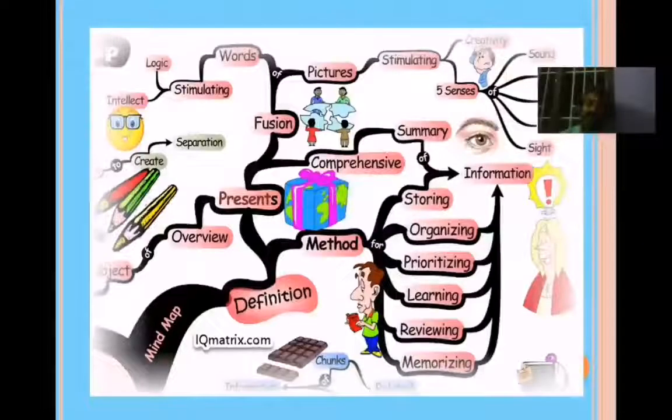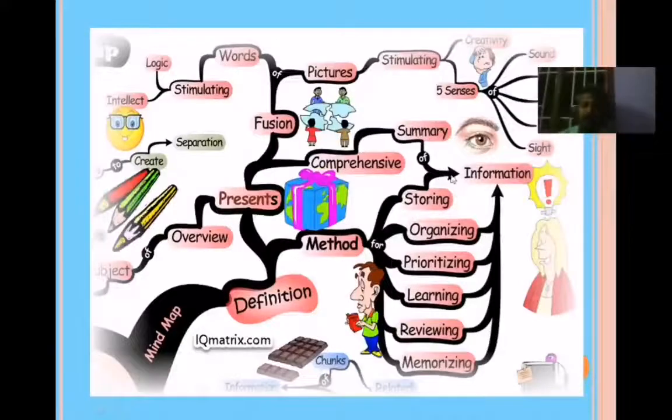You can see a mind map about mind map. You can see here this mind map definition. It is a method for storing information, organizing information, prioritizing information, learning information, reviewing information, and memorizing information. And a mind map is a method of summary.